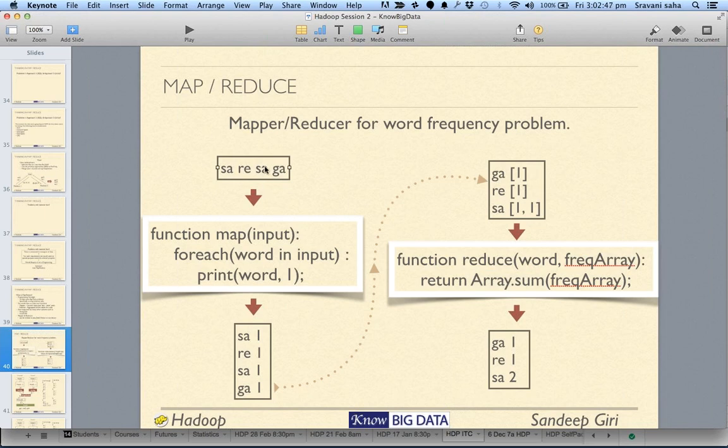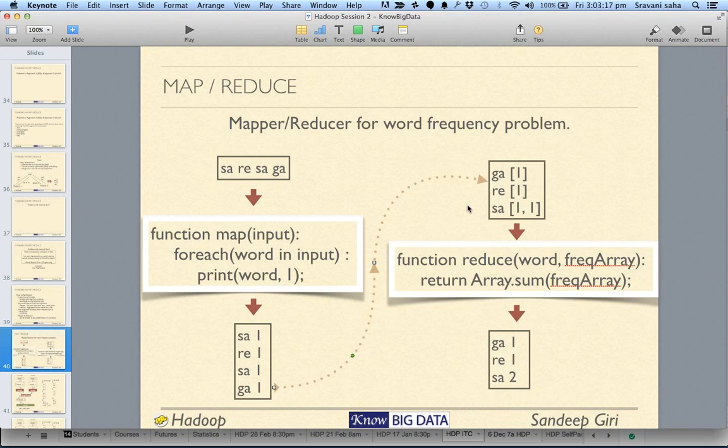Okay, so this was your input line. For this input line, this is what you created. Per line there is a key and the value. This dashed line is essentially this whole transformation done by Hadoop for you.